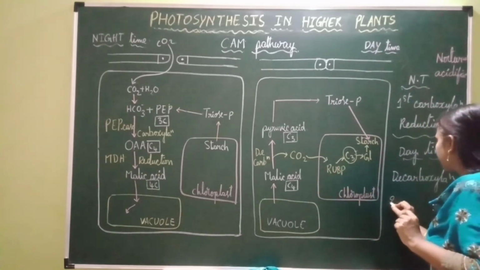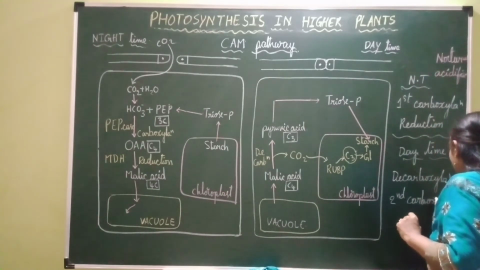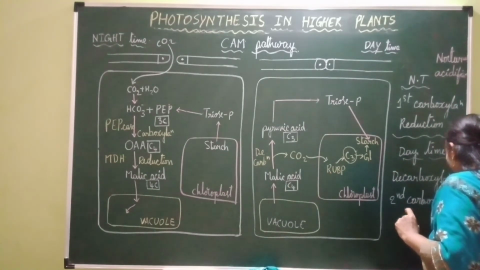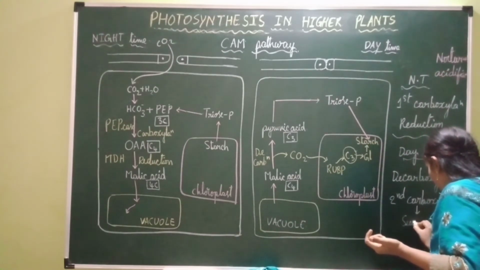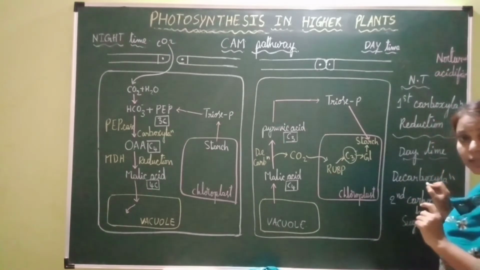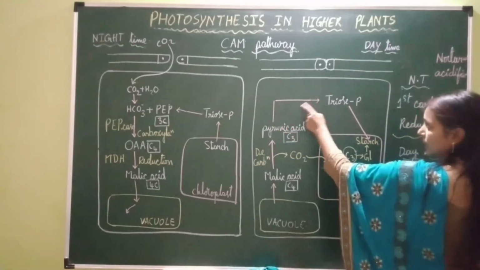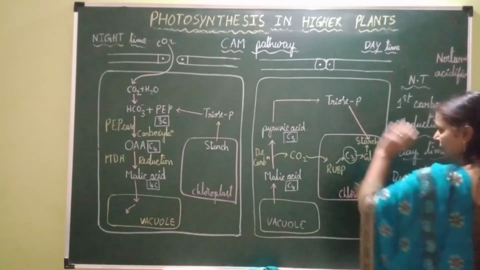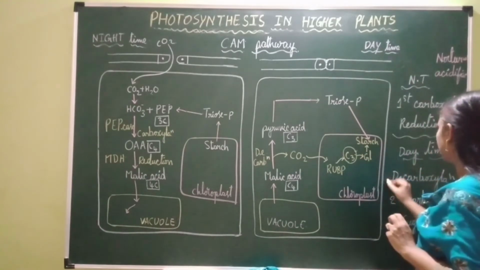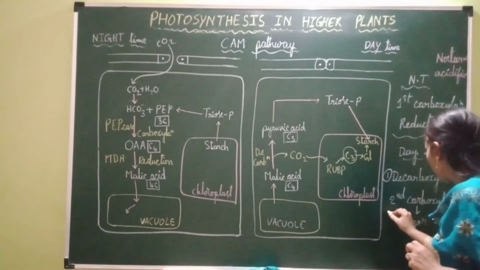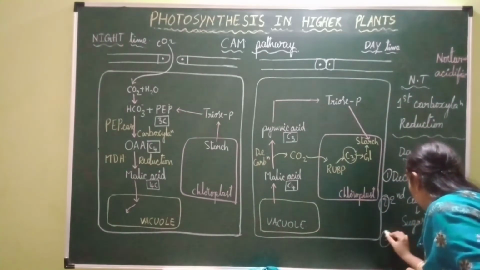That means second carboxylation is taking place, which leads to the C3 pathway, due to which sugar synthesis occurs. Synthesis of sugar occurs inside the chloroplast, and pyruvic acid undergoes breakdown into triose phosphate. That means de-acidification is also taking place. So decarboxylation, second carboxylation, and de-acidification.